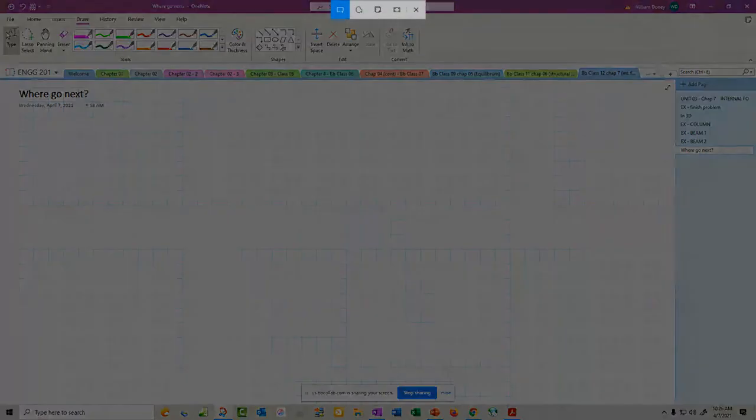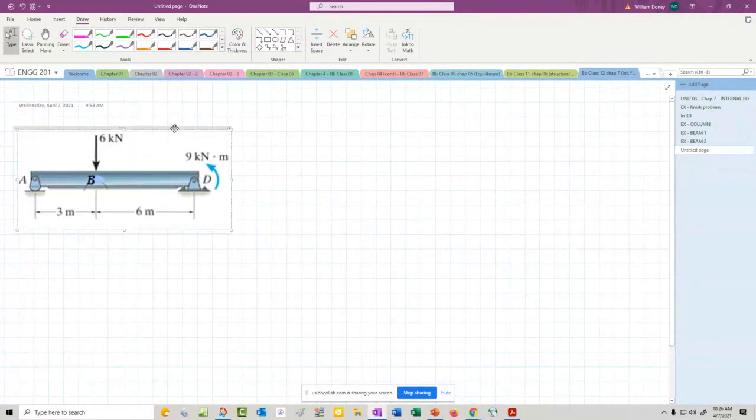Well, let's say we have a beam here. Actually, let me pull back one of the earlier beams so I don't have to draw something messy. This is the one we did at the beginning, right?